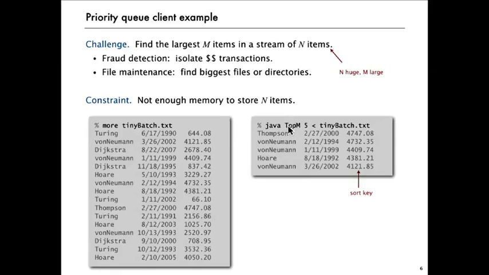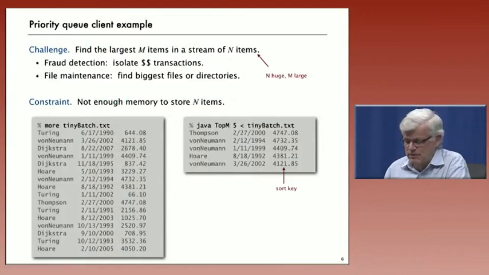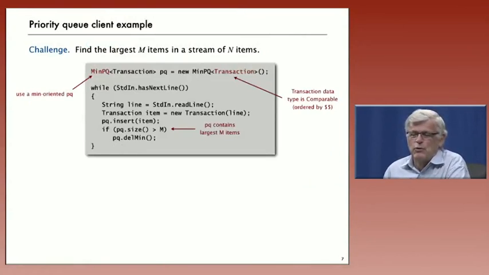So we're going to look at a client program called TopM that takes a command line argument, how many, in this case 5, and then it takes from standard input the transactions, and it'll print out the top 5. So that's a canonical example of a priority queue client. We need to design a program that can do that. With the priority queue abstraction, that's not too difficult to do.